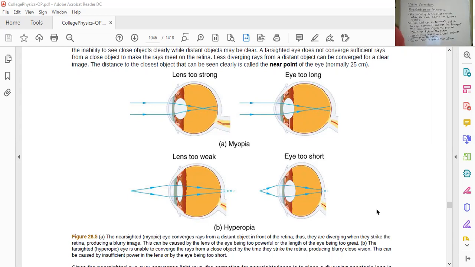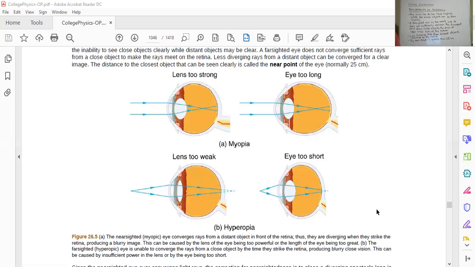For the upper right corner, my situation, before I had LASIK, and my situation still for the rest of my life, I guess, is that my eyes are too long. The problem that I had is my lens was fine. It's just that the retina was still behind where the rays were crossing. The rays would cross normally where my retina should have been, but my retina was further set back.